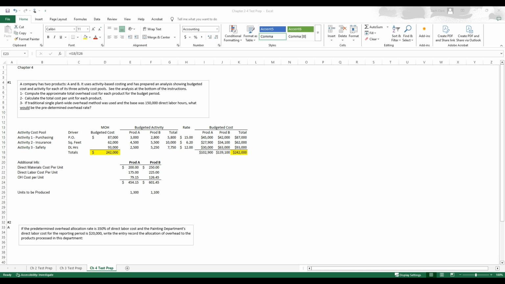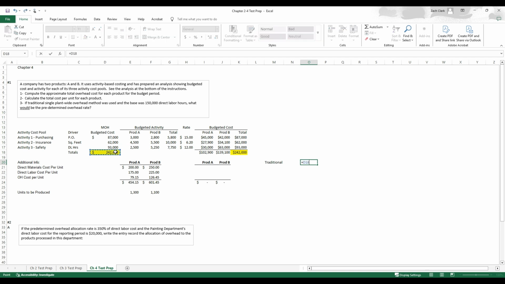And basically, to get there, we would just take our, and actually, it would be interesting to do a comparison. So if we're doing the traditional method, then how we were doing it with our predetermined overhead rate previously, we have total overhead here.